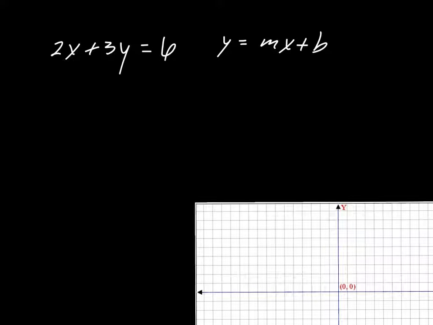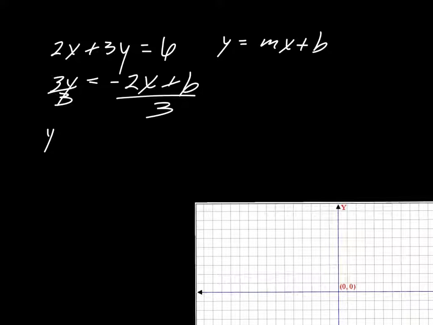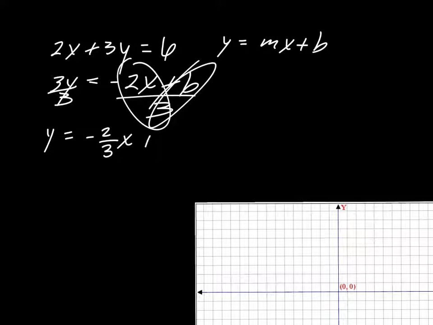So let's go ahead and get rid of the 2x, move it over here, put it first in front of the 6, divide by 3, divide by 3, and we get y equals, split these up, negative 2/3 x, and then plus 6 over 3 is 2. And there is our equation in slope-intercept form.